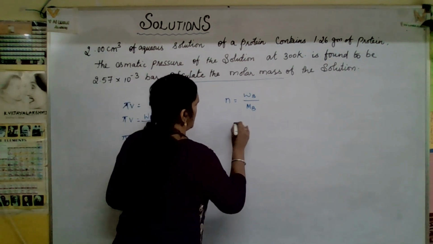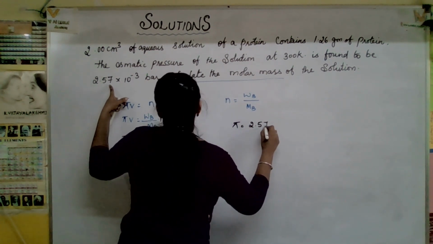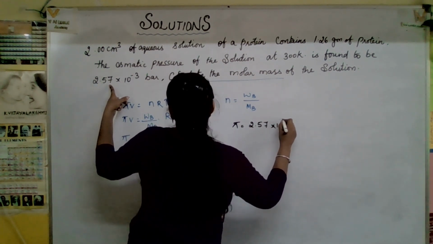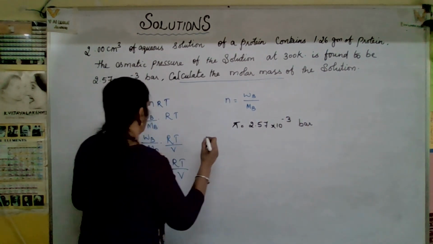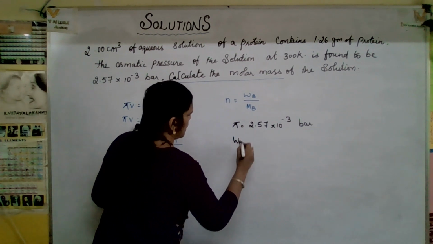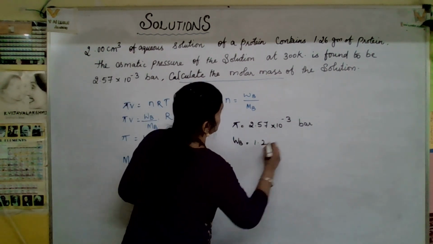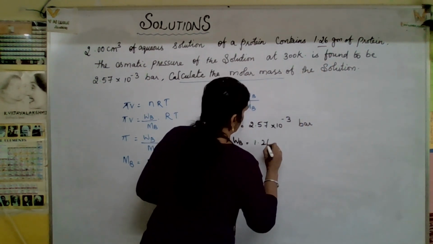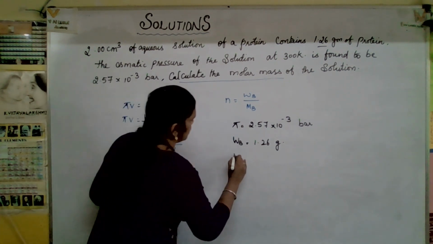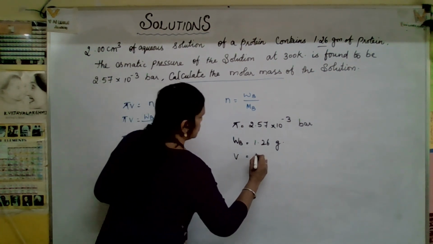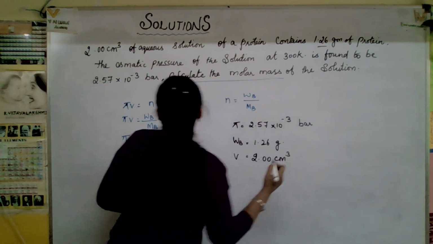What is the pi value? 2.57 into 10 to the power of minus 3 bar. WB, how much? 1.26 gram. And V, how much? 2.00 centimeter cube.